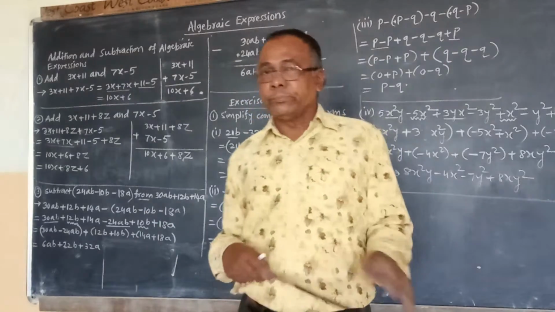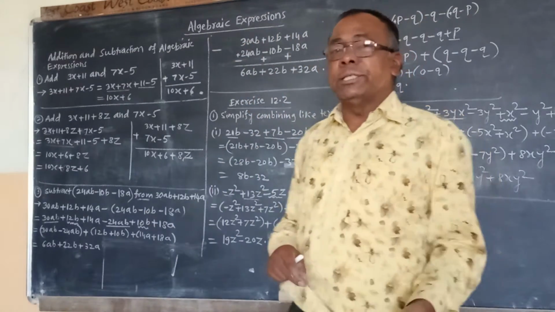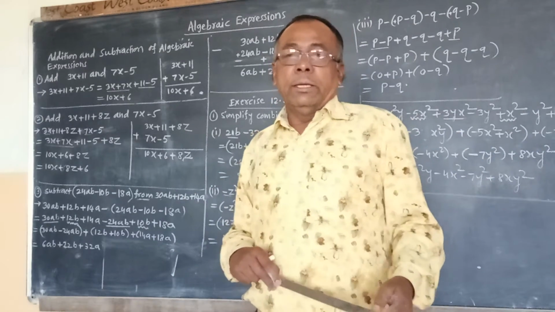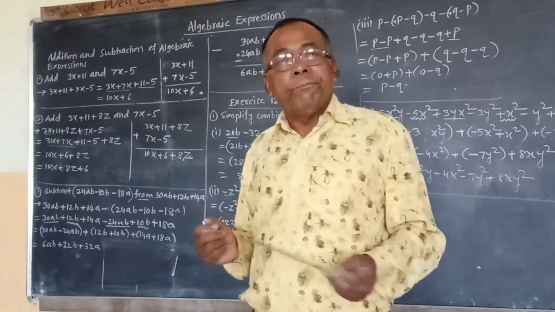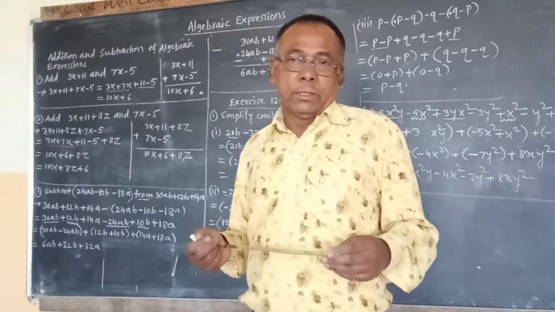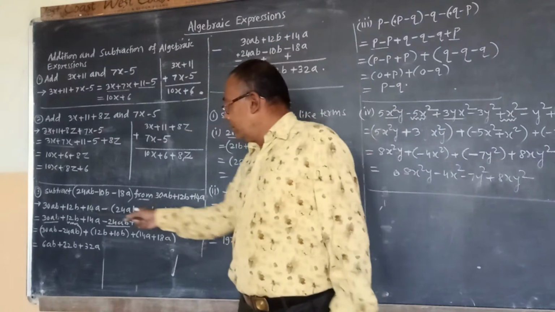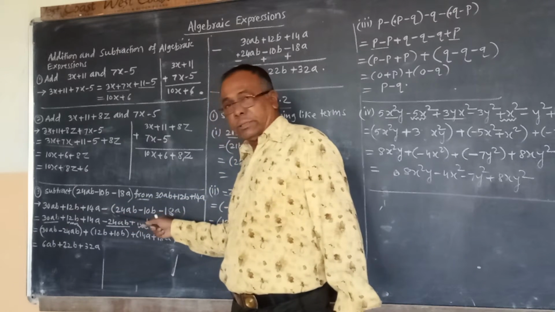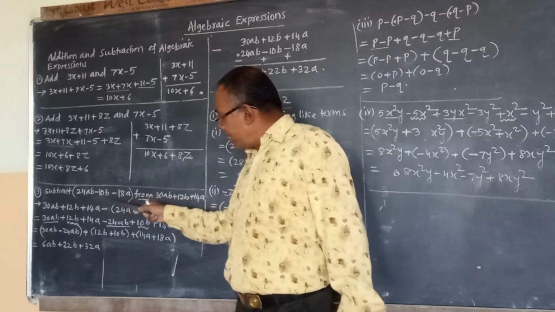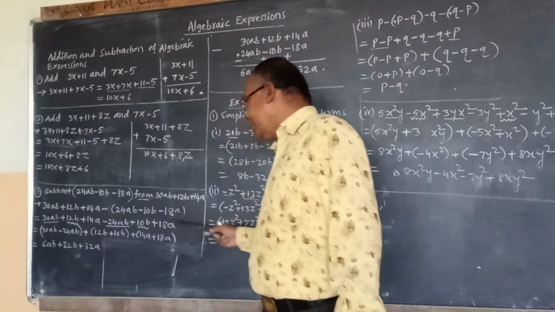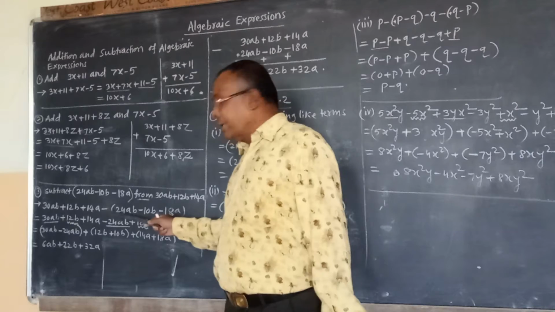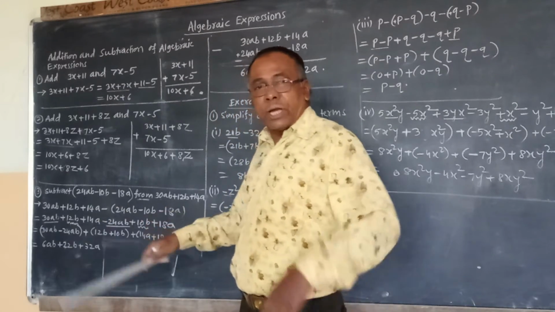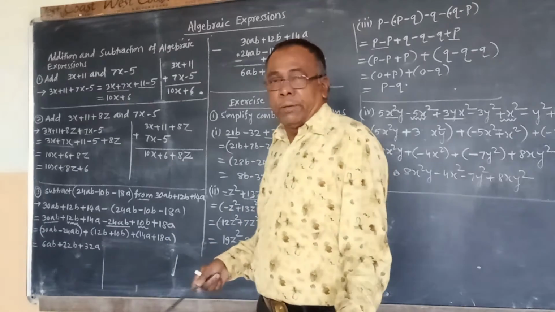We know that if a minus sign is outside the bracket, then while removing the bracket, the inner signs of the terms will get changed. So here I have written 30ab plus 12b plus 14a minus (24ab minus 10b minus 18a). Since the minus sign is outside the bracket, the signs of each and every term inside the bracket will get changed.